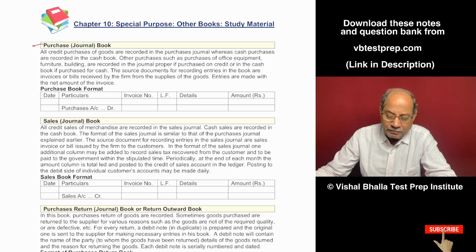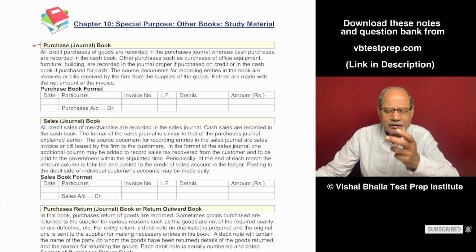If a business enterprise is buying goods, meaning the item in which it is dealing, apart from that, stationery and assets and various other things are there. So we do not use the purchase book for purchase of any other item except the goods.